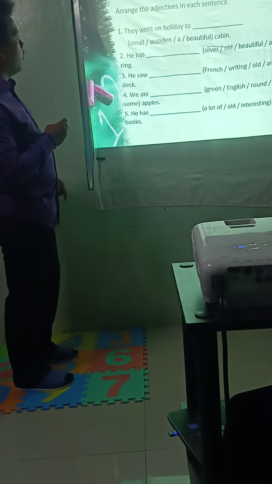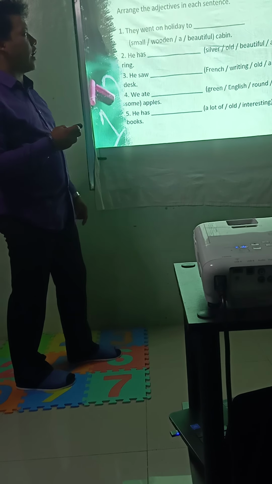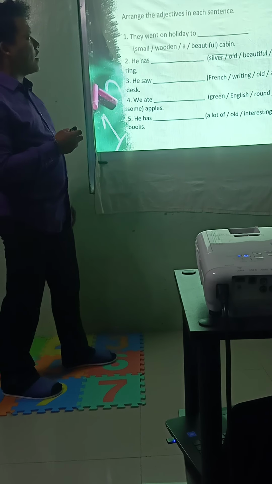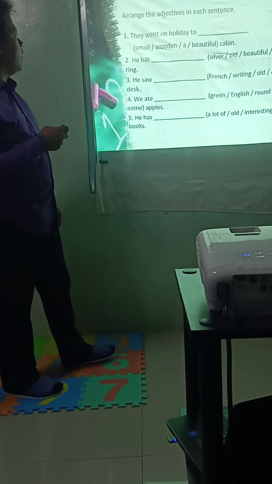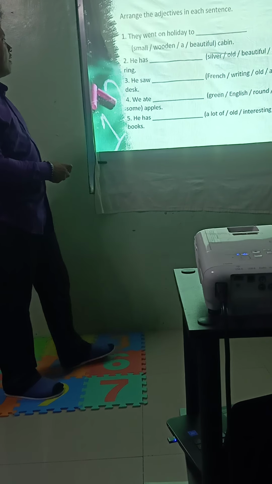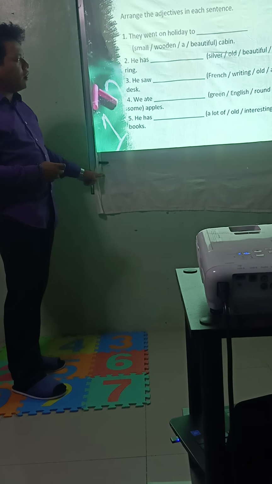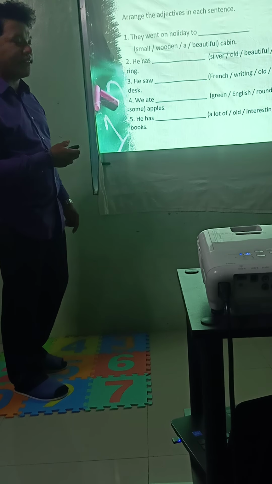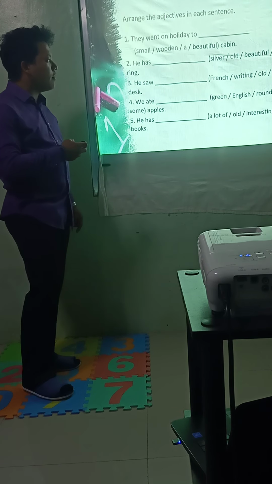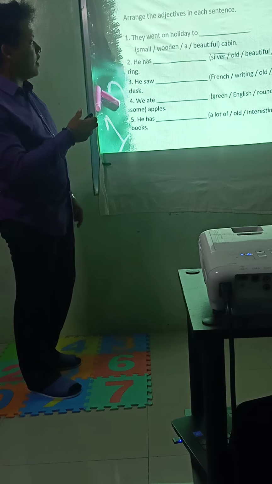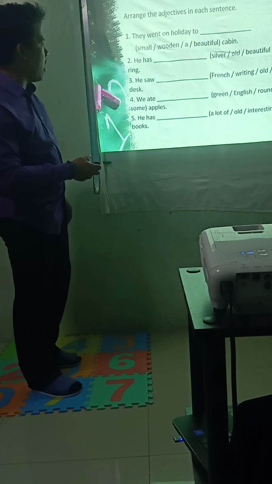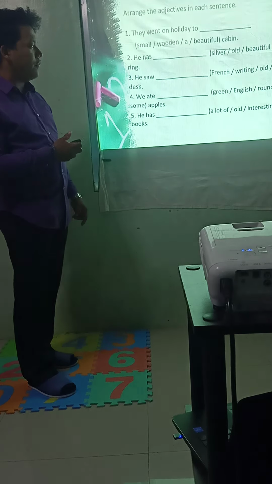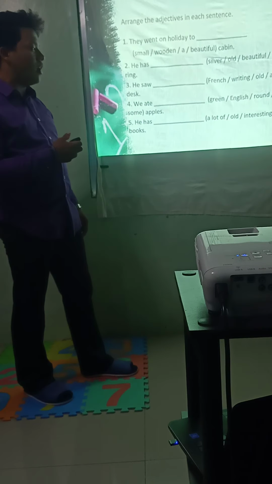Number 2, he has blank, silver, old, beautiful, a, ring. Number 3, he saw blank, French, writing, old, and desk. Number 4, we ate blank, green, English, round, some apples. And number 5, he has blank, a lot of old, interesting books.